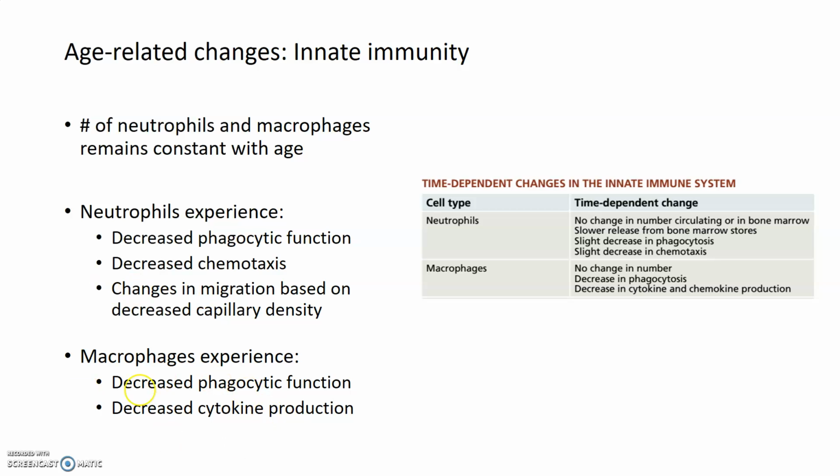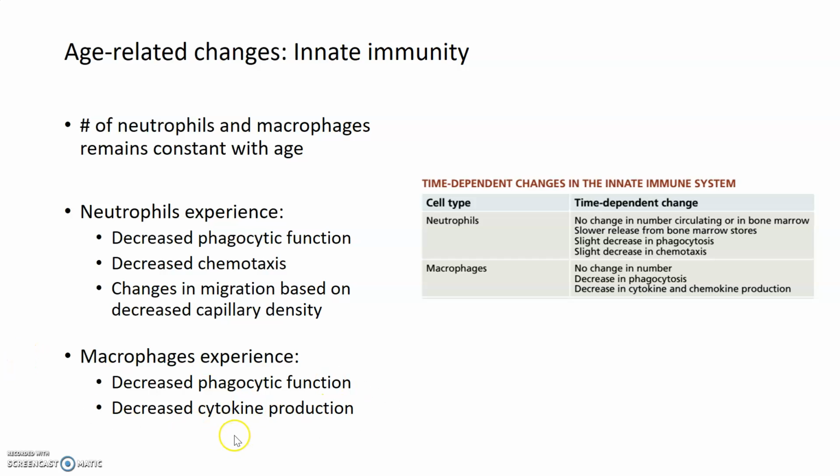And the same sort of functions are decreased in macrophages, which are sort of the phagocytic cells that are sitting in tissues waiting for invaders. They also experience a decrease in phagocytic function with age, and they lose a bit of their ability to produce those small cytokines and chemokines.